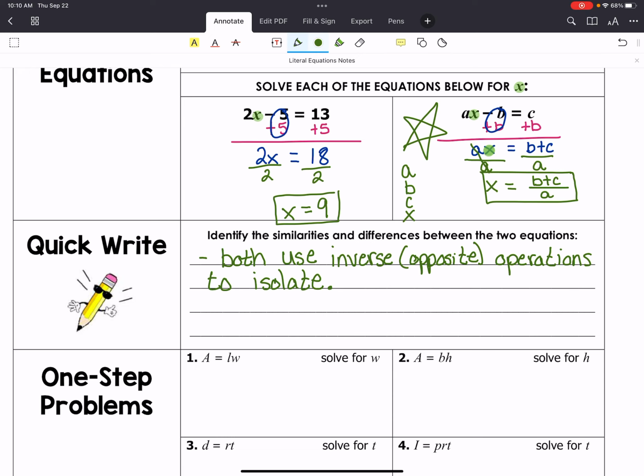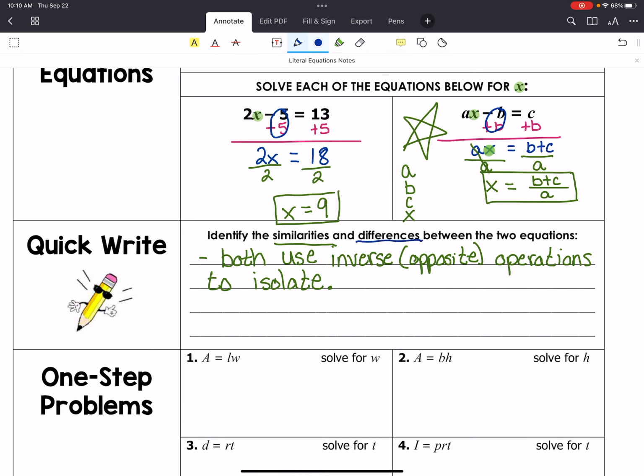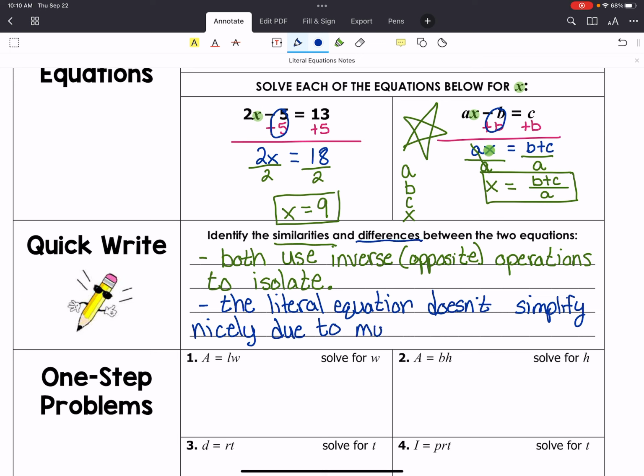But a difference, so there's my similarity, a difference that I noticed between the two is the literal equation doesn't simplify nicely due to multiple variables.